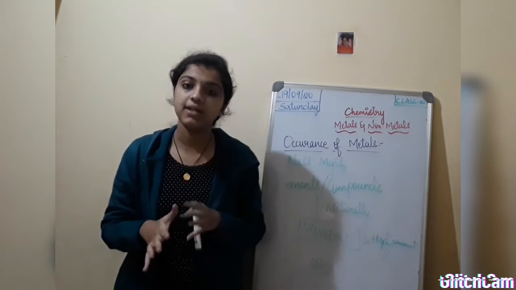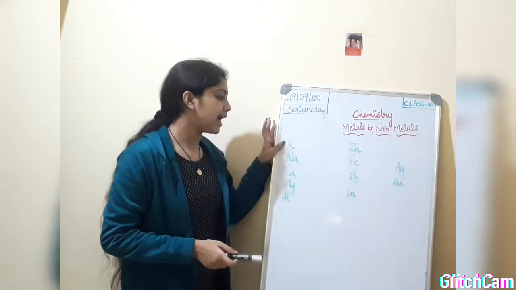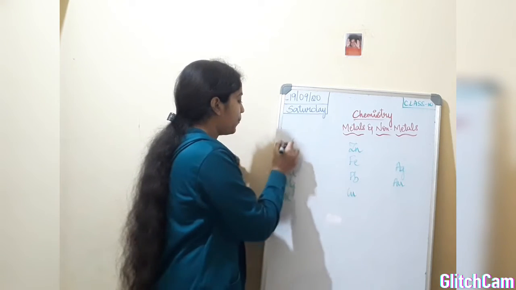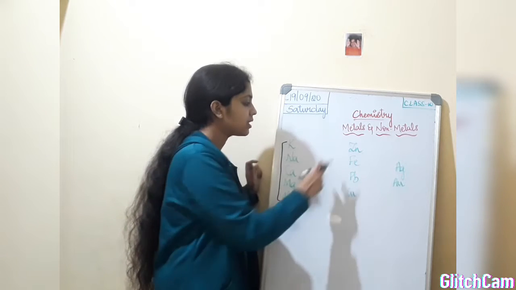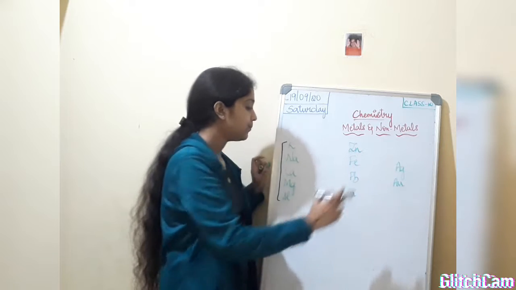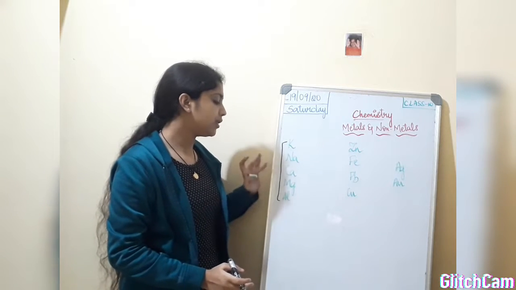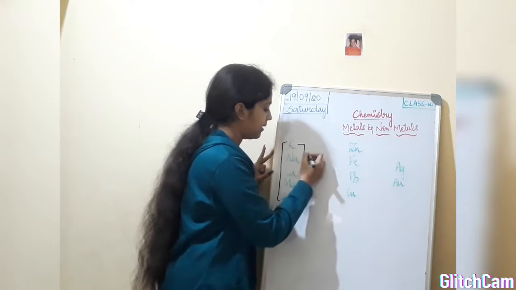So now let us learn the process of the extraction of metals, from the most reactive to the least reactive: potassium, sodium, calcium, magnesium, aluminium, zinc, iron, lead, copper, silver, gold. Potassium, sodium, calcium, magnesium and aluminium are the most reactive metals.